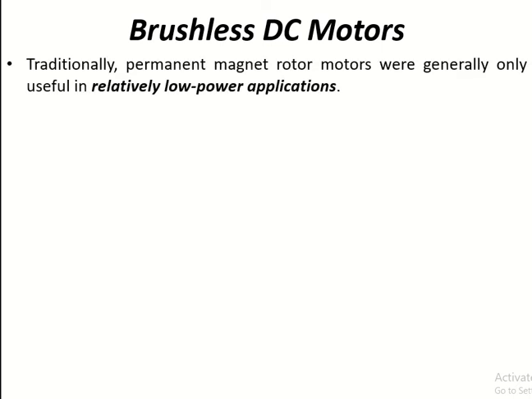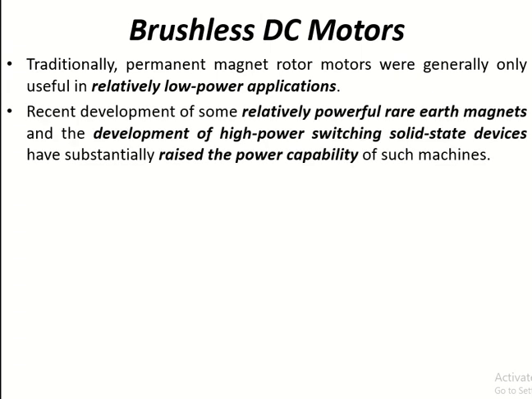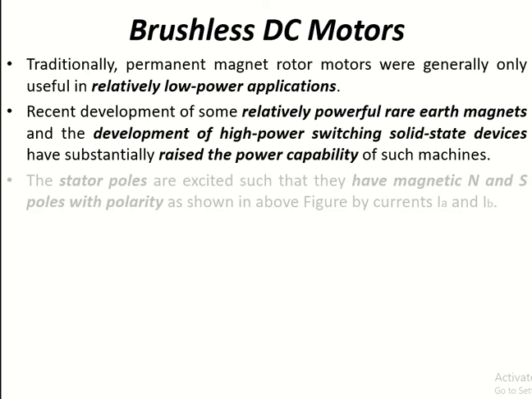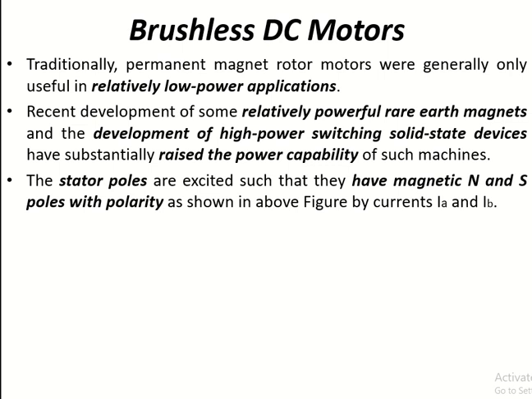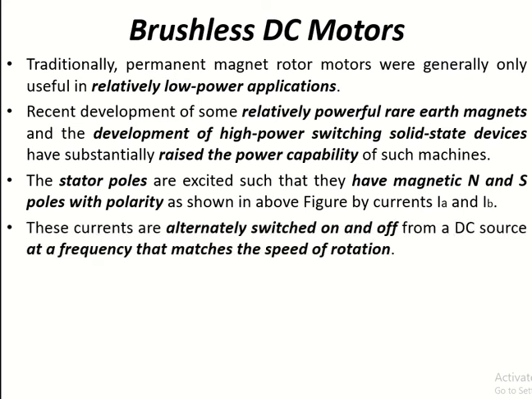Traditionally, permanent magnet rotor motors were generally only useful in relatively low power applications. The recent development of some relatively powerful rare earth magnets and of high power switching solid state devices have substantially raised the power capabilities of such motors. The stator poles are excited such that they have magnetic north and south poles with currents IA and IB.